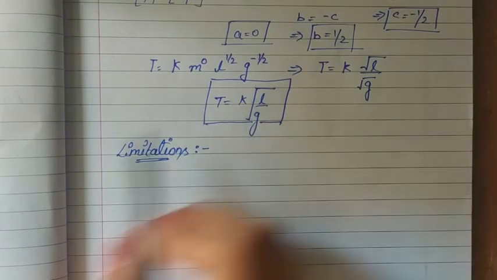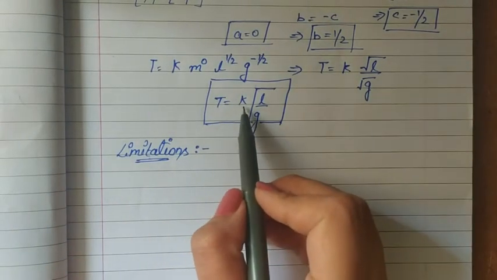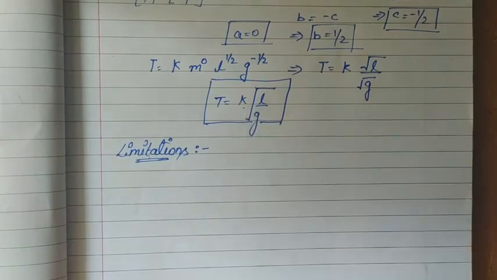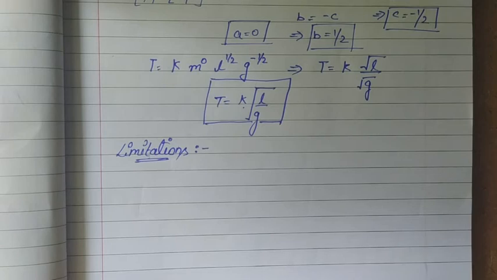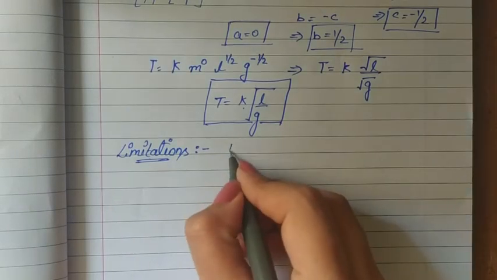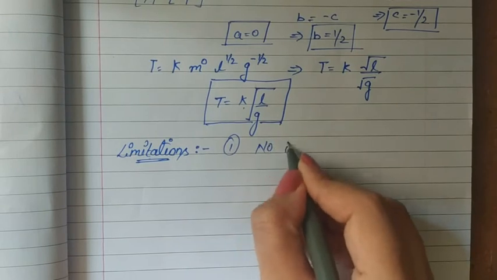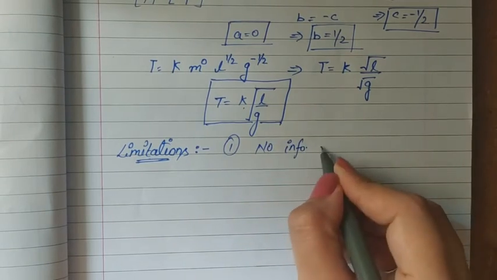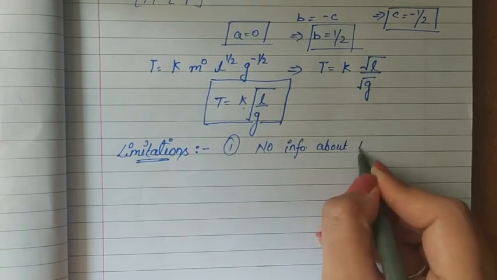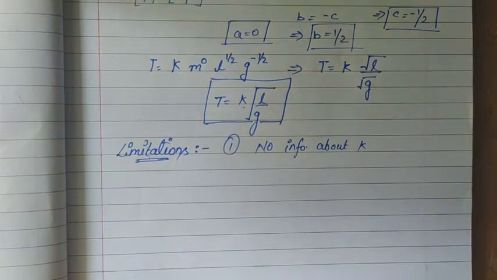So in every formula we get k, however in every formula the value of k varies. That value of k in different formulae, we can't find from this analysis. So the very first limitation is no information about dimensionless constant k.